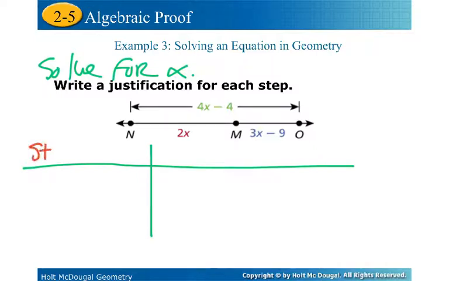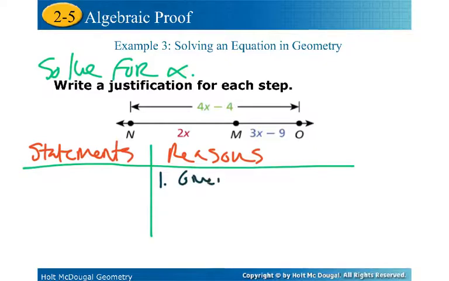All right, so I've got my statements and then my reasons. All right, so what's going to happen is that we have this diagram, and anything that we take from that diagram is going to be a given. All right, so for instance, I am seeing that NO, the segment, is 4x minus 4.